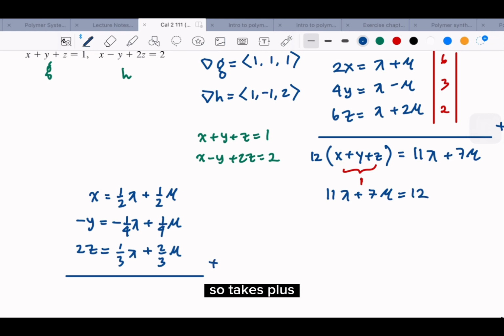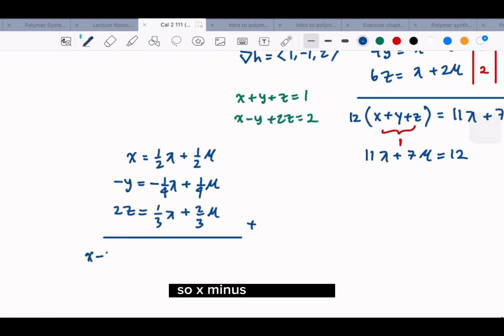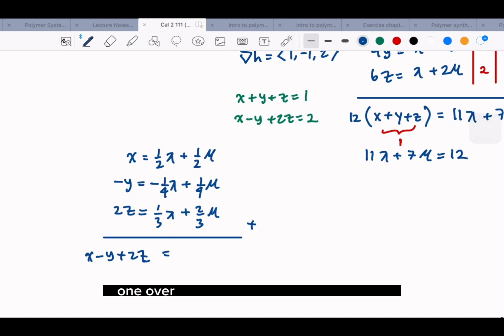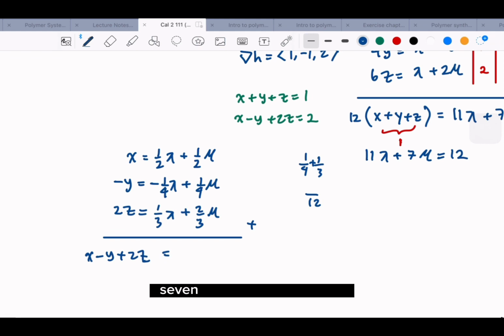So this plus, so x minus y plus 2z, for lambda, half plus 1 over 4 plus 1 over 3, it's 1 over 12, 6 plus 3 plus 4 is 13, sorry, 7 over 12.